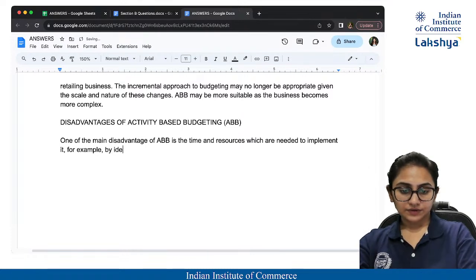For example, by identifying activities and their cost drivers.